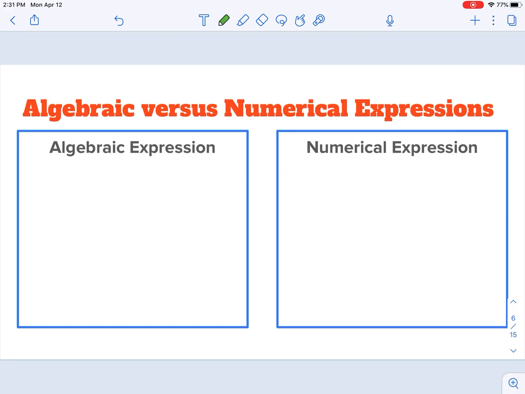So algebraic versus numerical. An algebraic expression could be something like 5x plus 2, while a numerical one would just be 5 plus 2. Or you could have y minus 3. A numerical expression could be 7 minus 3.